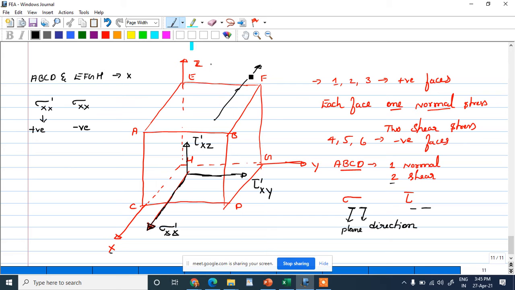See, I am drawing this particular axis parallel to x and parallel to y, parallel to z. Okay, I can indicate with some different color. Let me represent this in a blue shade, so where you can easily understand.